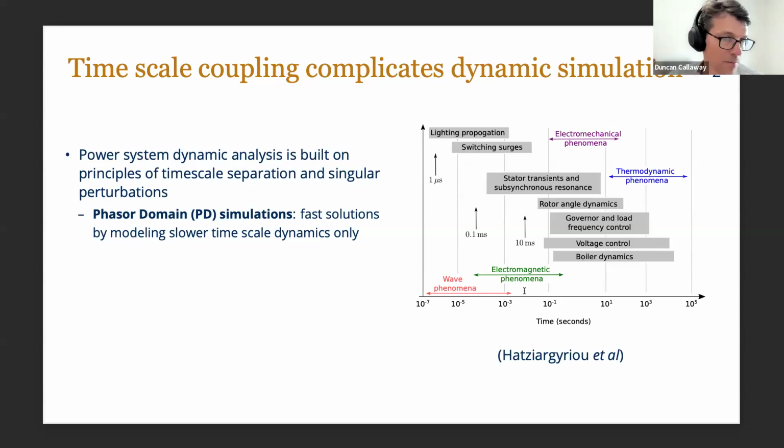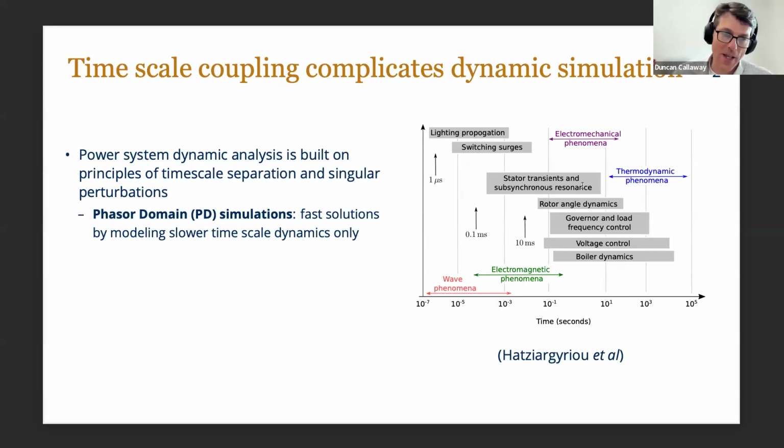And for many decades, phasor domain simulations have been used to study these slower timescale dynamics. Some would call it the Newtonian mechanics of rotor angle dynamics, also potentially some voltage dynamics.